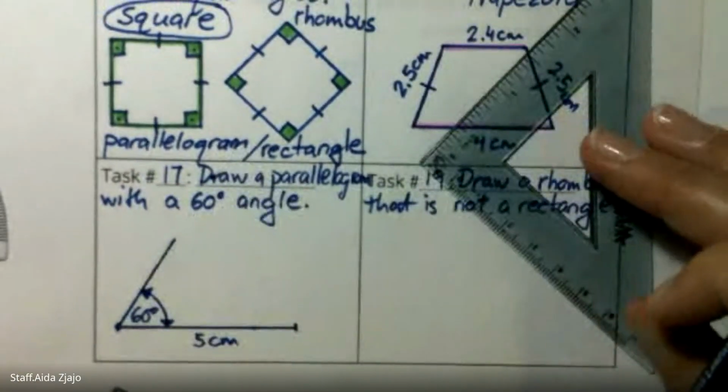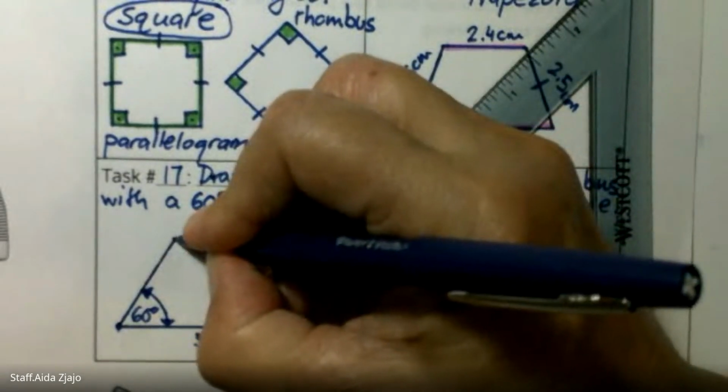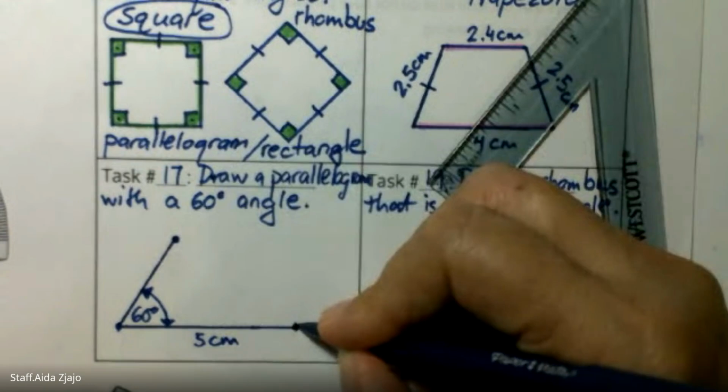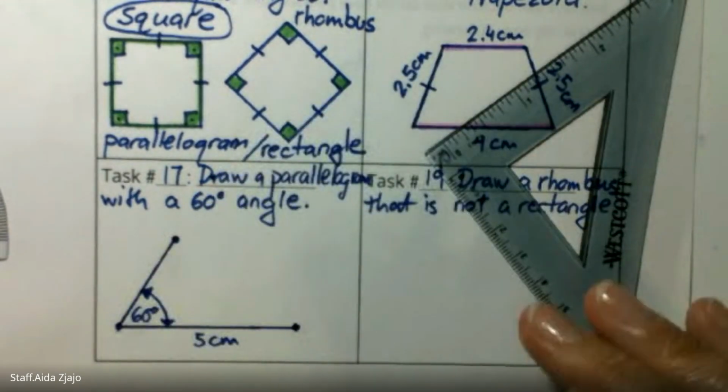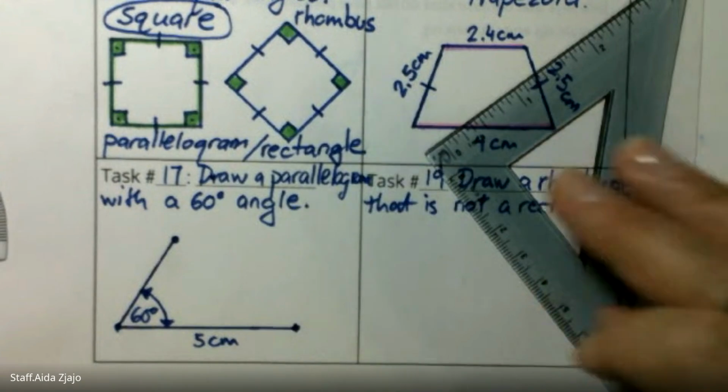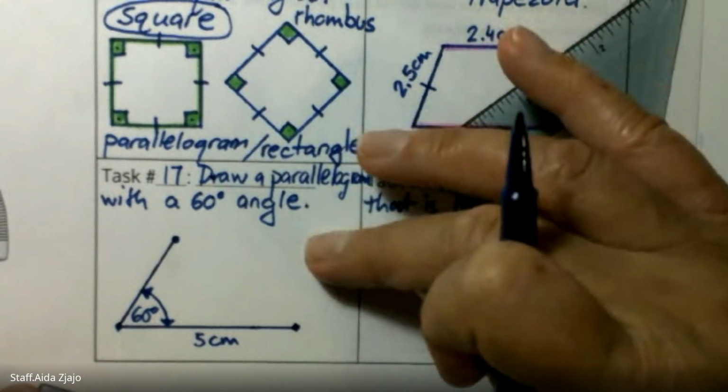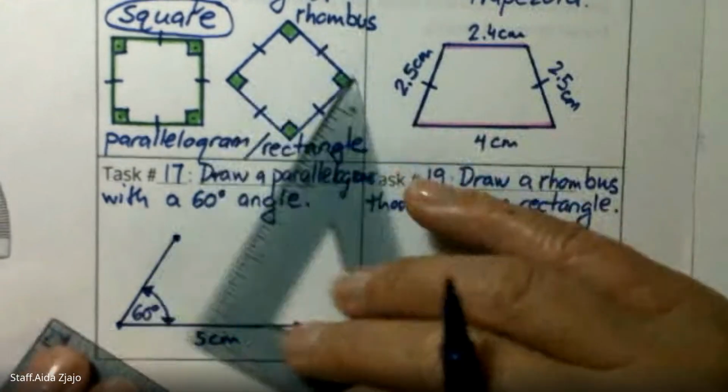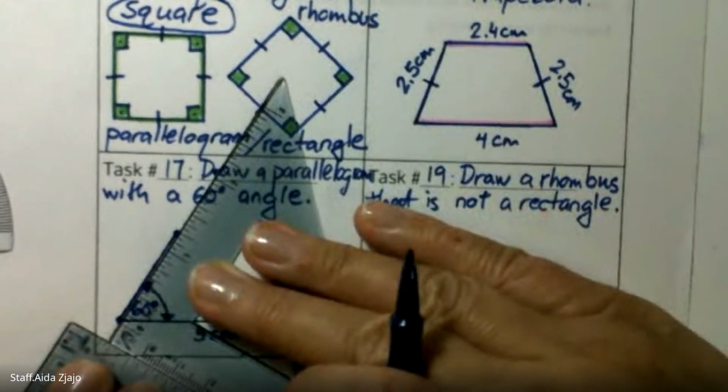So when I have this and this, these are 3 points that create a parallelogram. I need only the 4th point, and it needs to be parallel to this side.